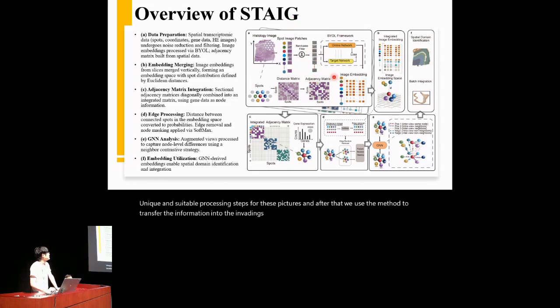Based on their embedding similarities, we transfer the information into weights for each edge. And then we use a contrastive learning method to get the embeddings. After we get the embeddings, we can achieve batch integration and spatial domain identification.